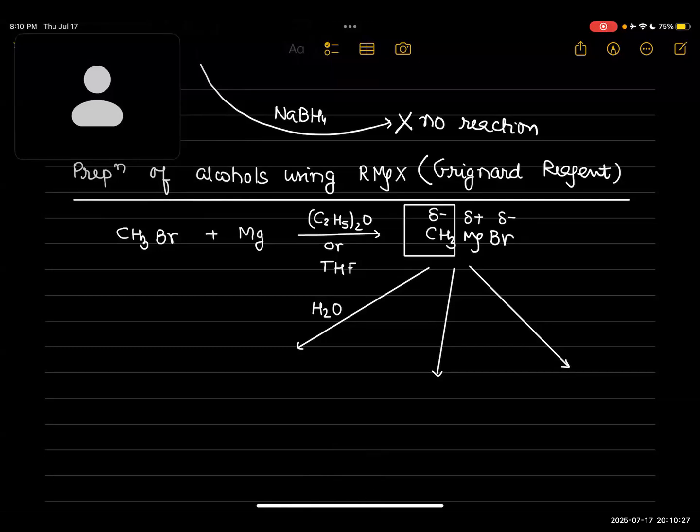It is H plus and OH minus. Got it? So what will happen to my Grignard reagent? Any idea? This is plus and minus.